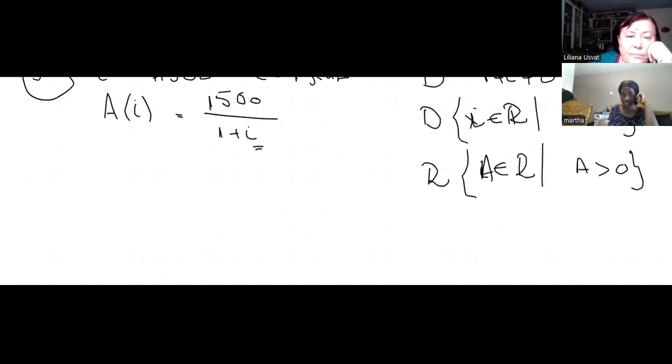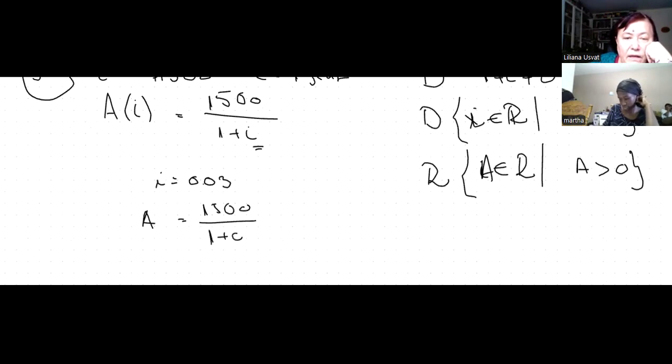So 3% interest equals 0.03. So the amount is 1,500 divided by 1 plus 0.03.